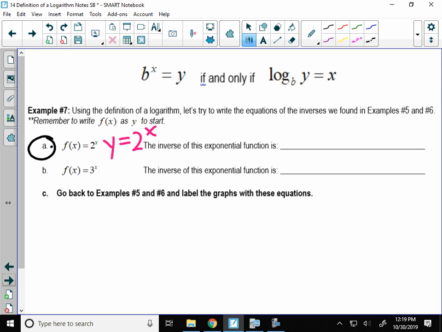So the inverse equation for this graph, the one we graphed in pink. We're going to write it as a logarithm. Now, when I look at this equation, it says log base b. So if I look over at the definition here, b is the base of the exponential. What's the base of this exponential? 2. So log base 2 of y.